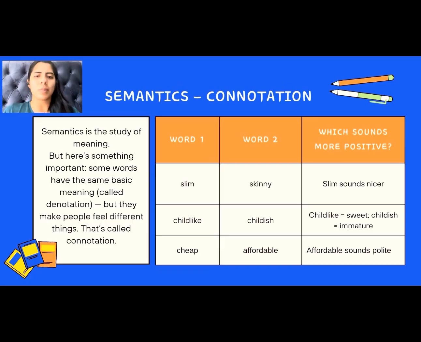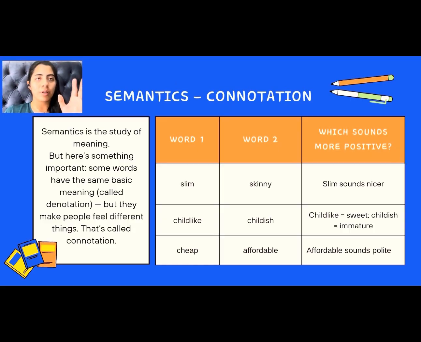Let's talk about semantics. Well, it is the study of meaning. But here's something important: some words have the same basic meaning, called denotation, but they make people feel different things. That's called connotation. So we're gonna see some examples. We also have a chart.